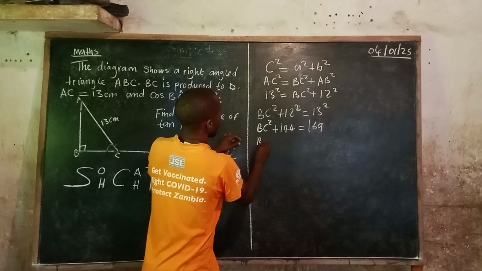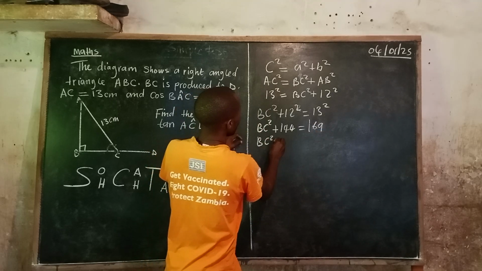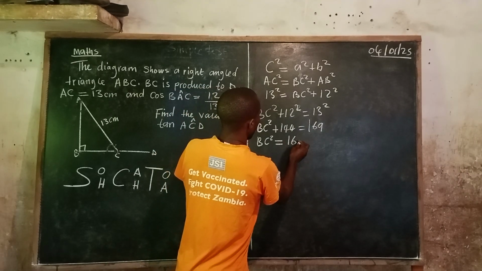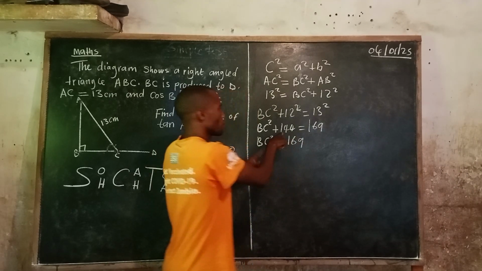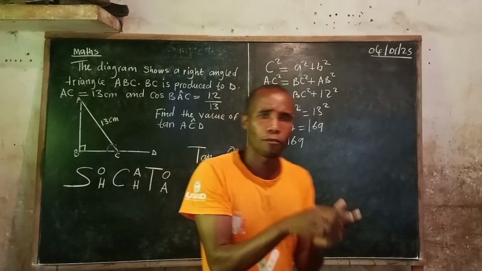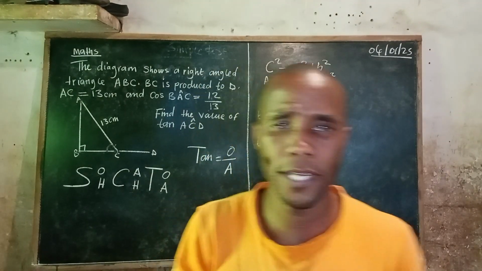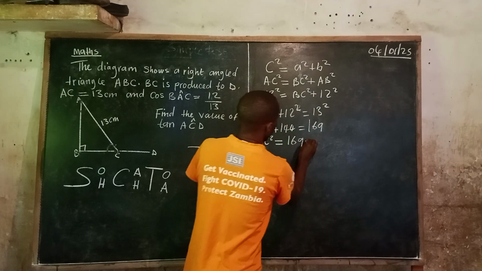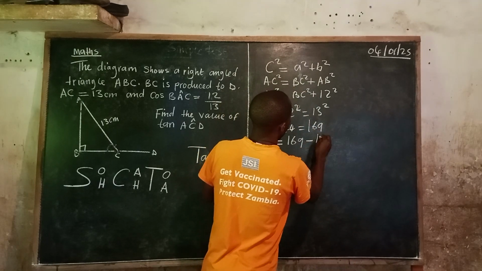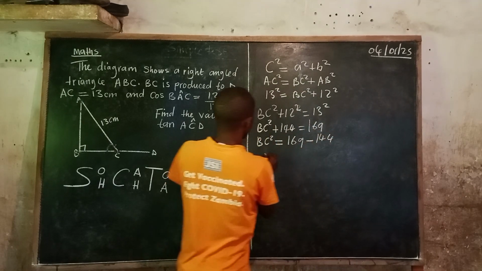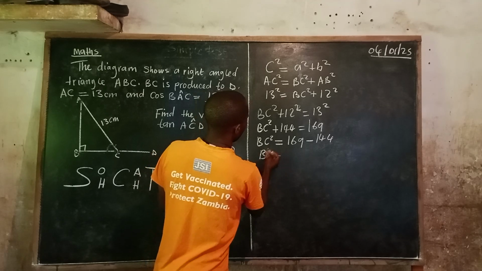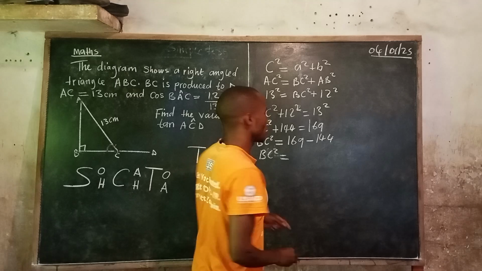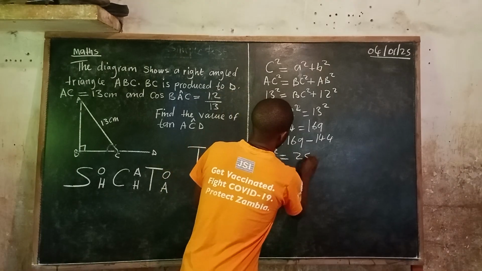Now since we are looking for BC, we are going to collect the like terms. 144 is positive, so when it crosses an equal sign, it will become negative, negative 144. So BC squared is equals to, when we subtract there, 25.